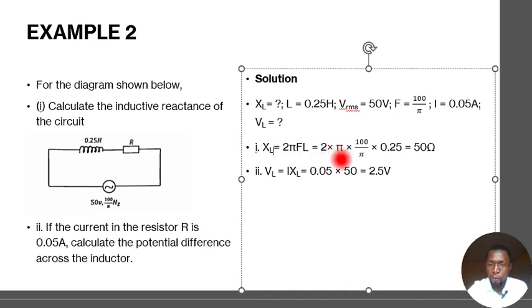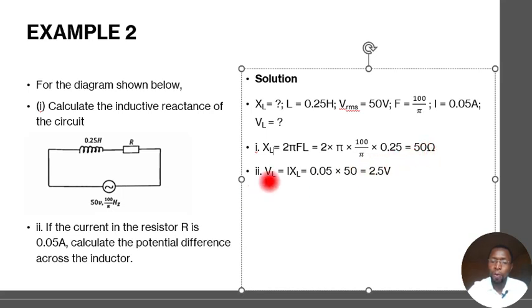Pi is 3.142, but we are not going to substitute the value of pi, reason being that our F, which is 100 over pi, already has pi. So pi cancels pi, times our inductance, which is 0.25. When you simplify, pi cancels pi, 2 times 100 times 0.25 gives us 50 ohms. So our inductive reactance is 50 ohms.